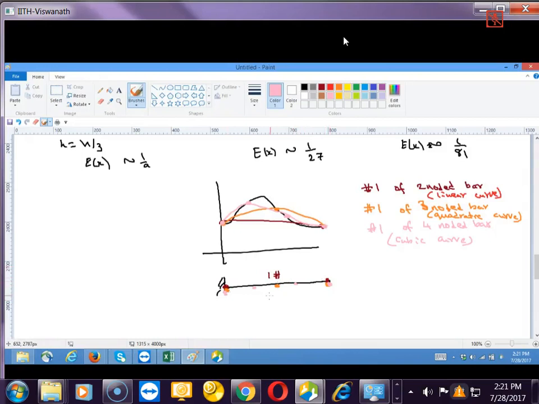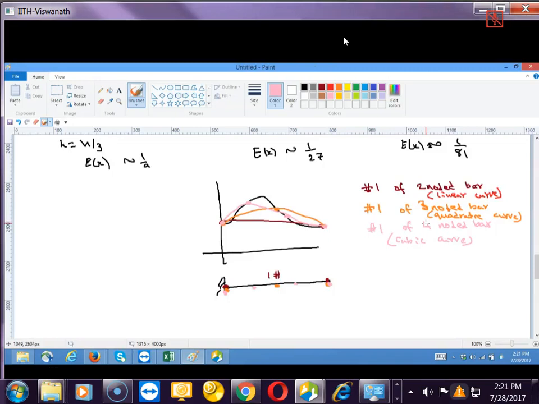are varying. So with the higher number of nodes, you have higher number of coefficient. If you have higher number of coefficient, the unique curve would be a higher degree polynomial. So in the first case, it is two noded. Second case is three noded, and the third case is four noded kind of a bar.